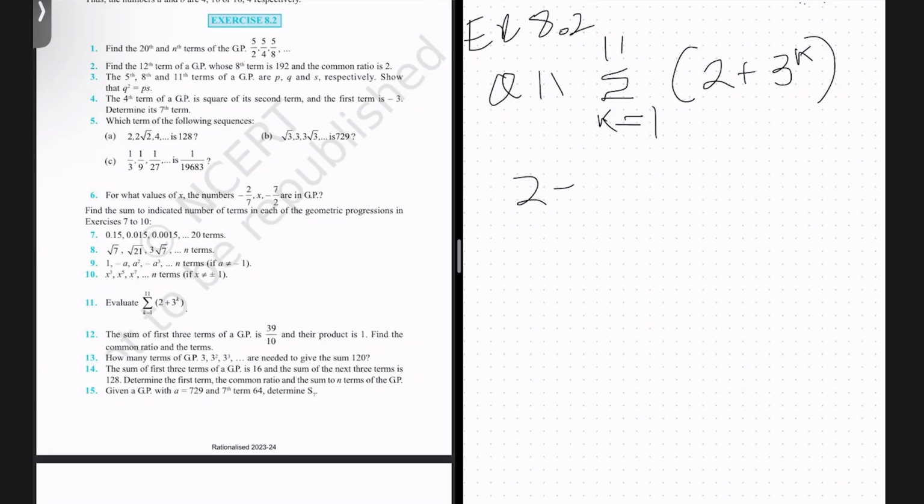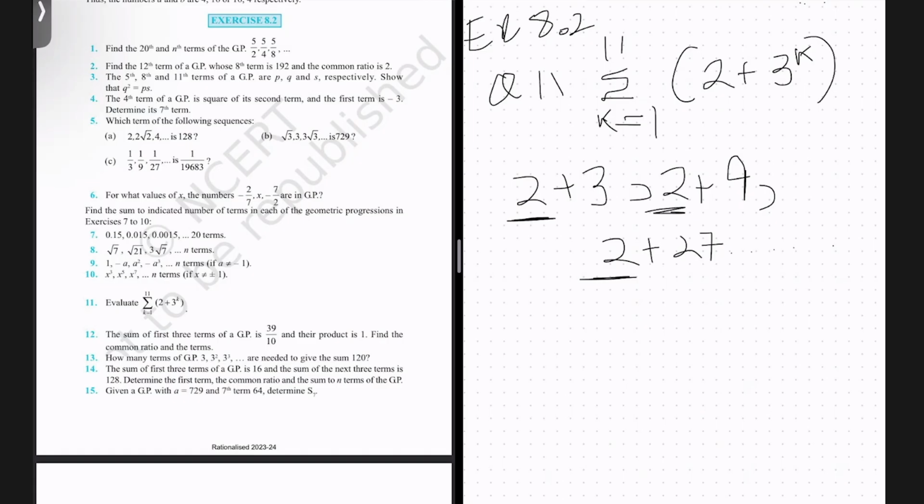The first term is nothing but 2 plus 3. The second term is going to be 2 plus 9. The third term is going to be 2 plus 27, and so on and so forth. As you see, 2 is repeating in all terms, right?